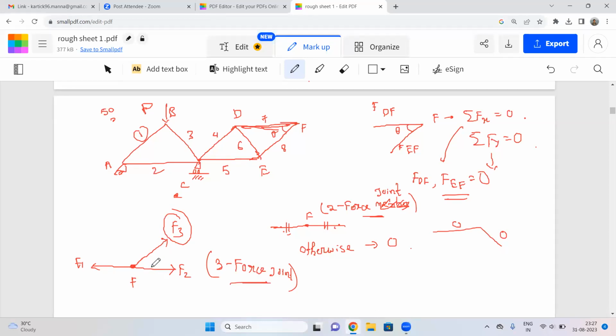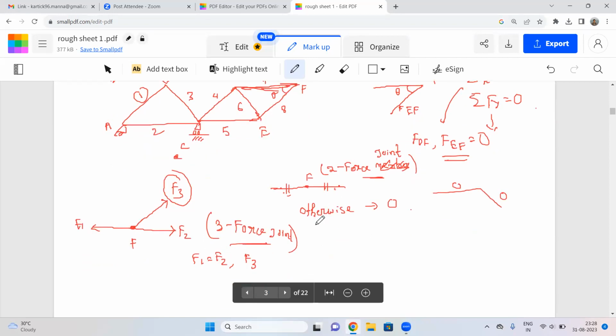F1 will be equal to F2. And what will be F3? So we will take the equilibrium equations.